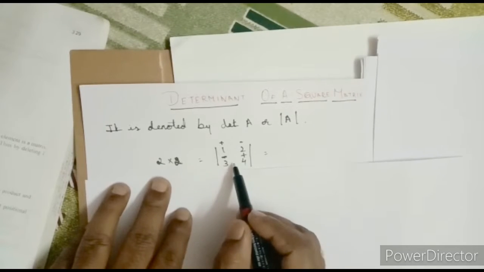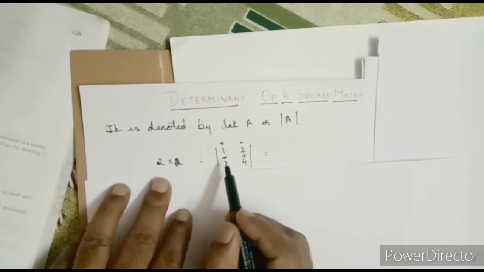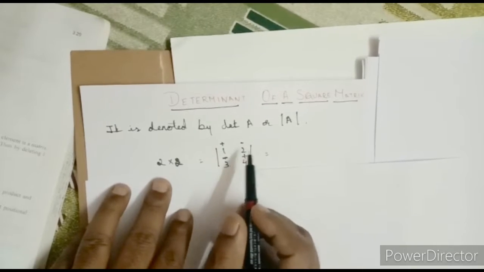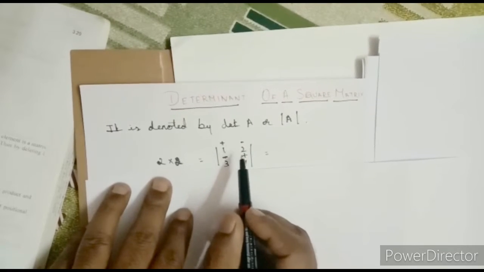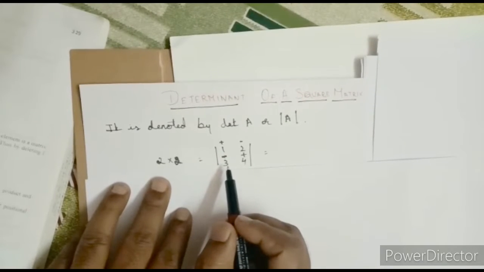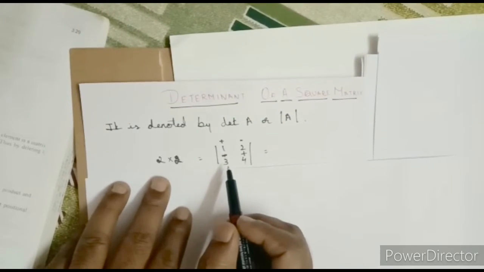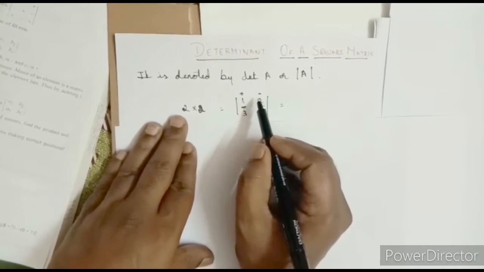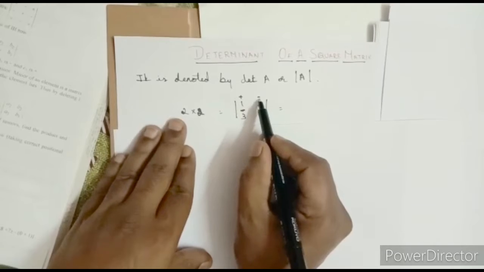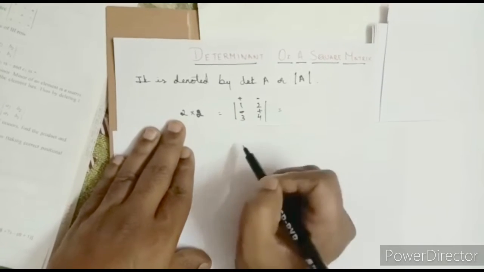So using this, if a problem says to find out det A or determinant of square matrix, determinant A, then first and foremost thing what we should do is, positional signs of determinants are plus, minus, and plus.